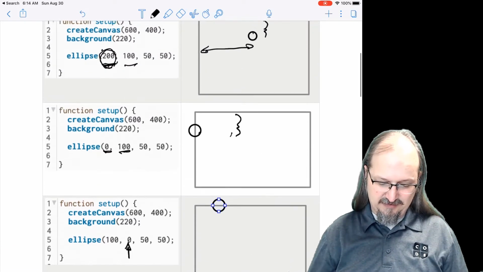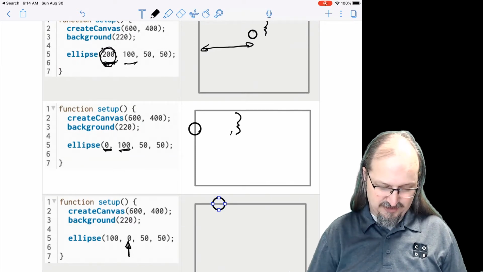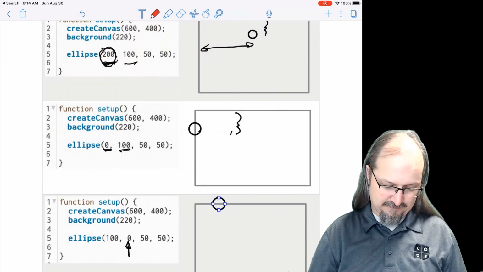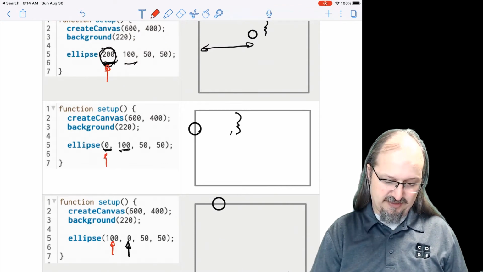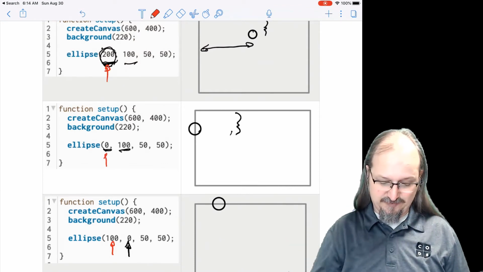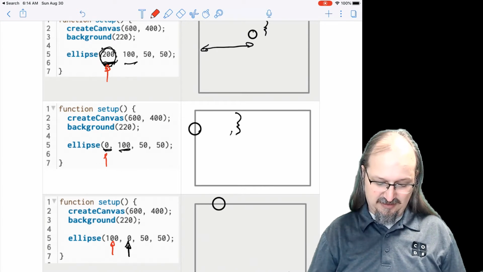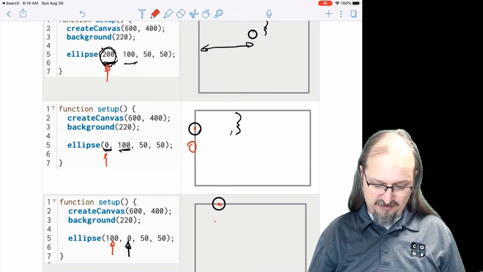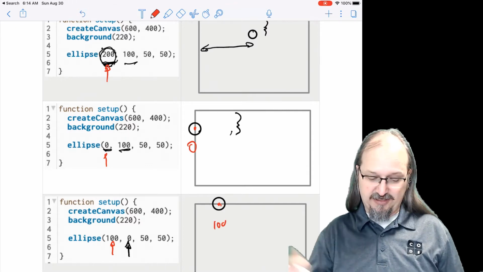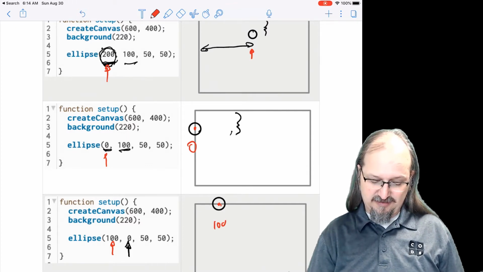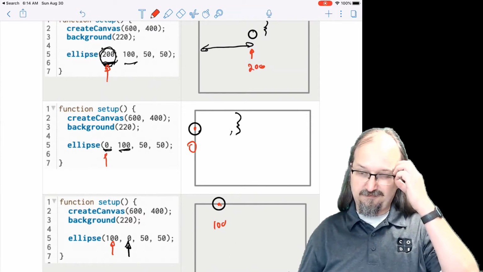And again, if we think about that first number as its position along the horizontal axis, we can see right here it's at 0. Here it's at 100, so it's a little to the right. And here it's at 200, so it's even further to the right. It's not so bad, right?